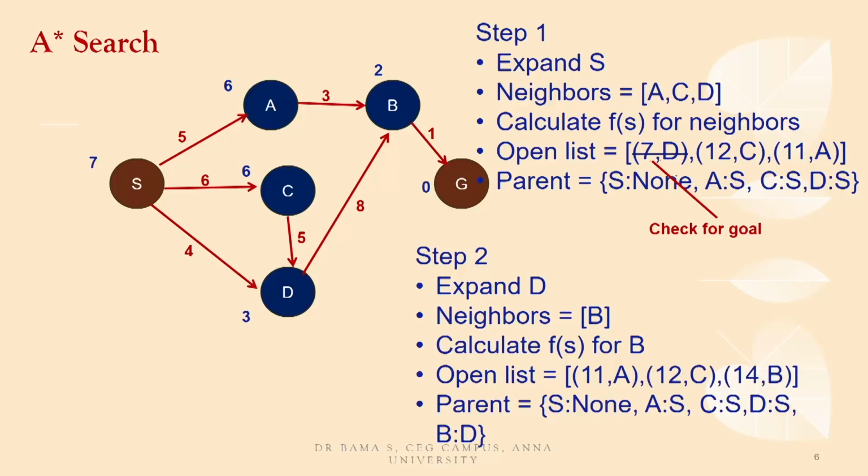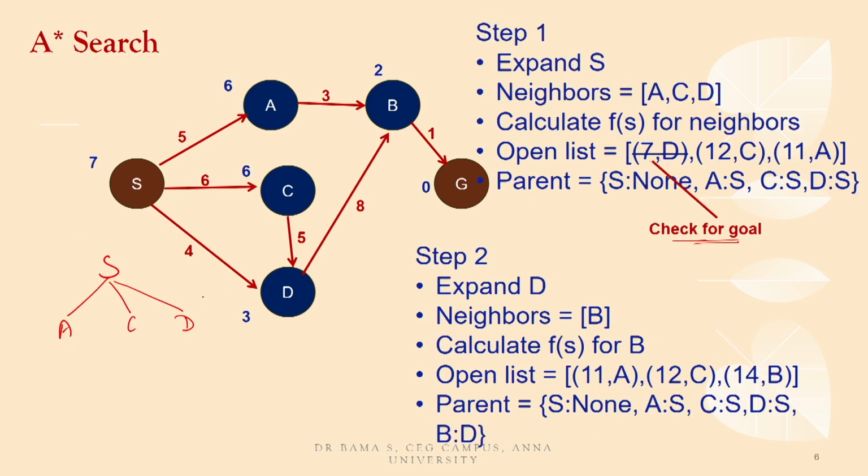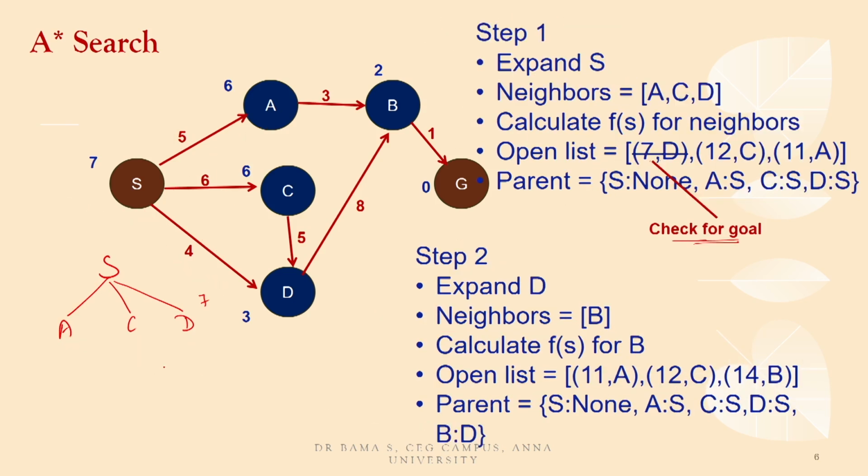So, it's popped and immediately checks for goal. It is not the goal, and remember we had S, A, C and D. D has the minimum value of 7, C has 12 and A has 11. Here, this is the G of n value. Now, D has to be popped out.